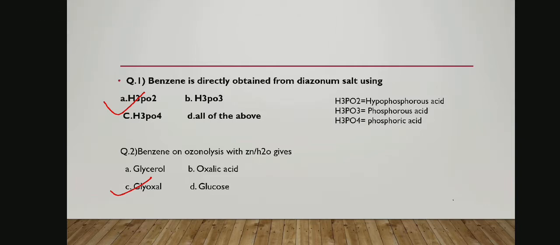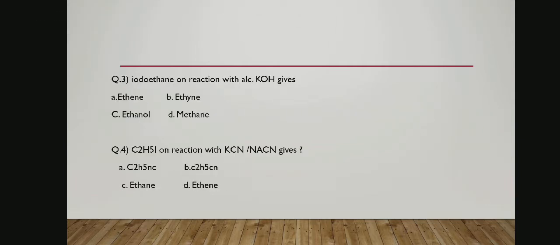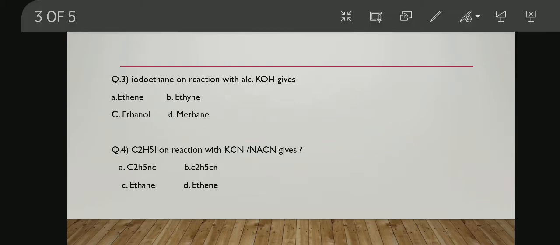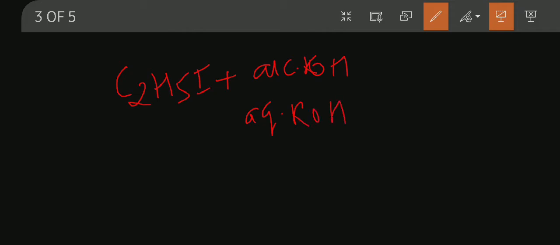Now moving to the next slide, question number 3. Iodoethane on reaction with alcoholic KOH gives. Here iodoethane on reaction with alcoholic KOH. We also have aqueous KOH. We will see what happens with alcoholic KOH and what with aqueous KOH.